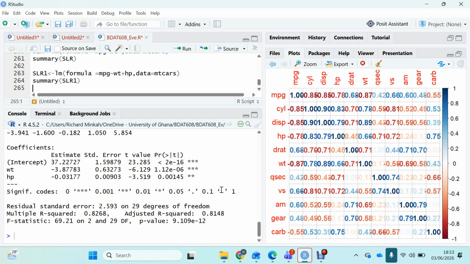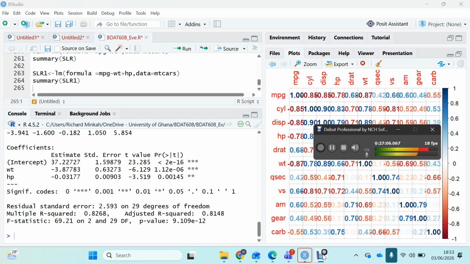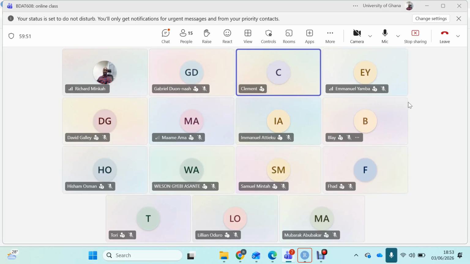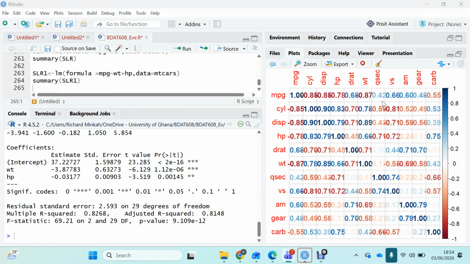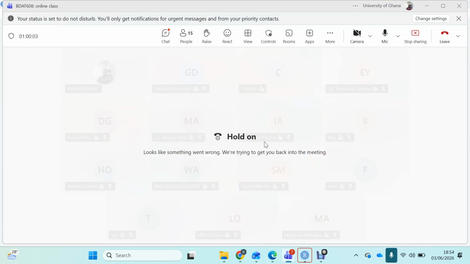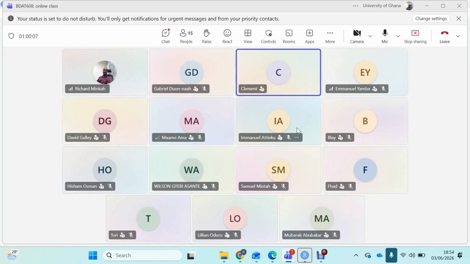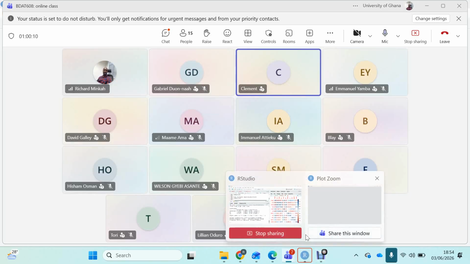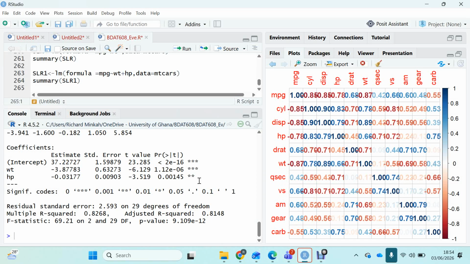Now I can go on and do another one. Call it, let's say, SLR1, and then I try and add another variable. But I'll check which variable, what it is. The weight, you see, even if I just select that, it's highly related. Let me check.